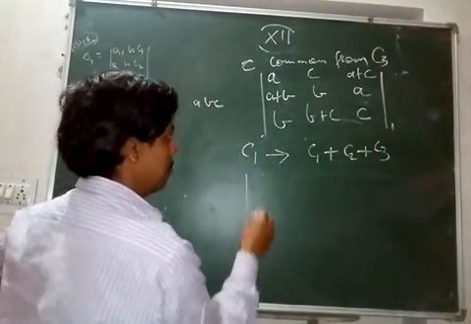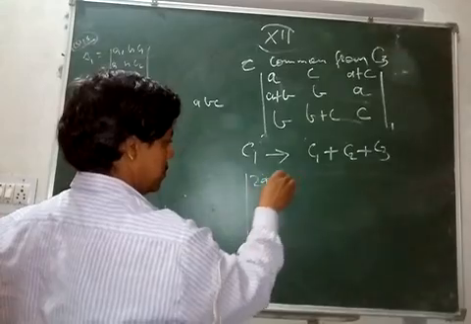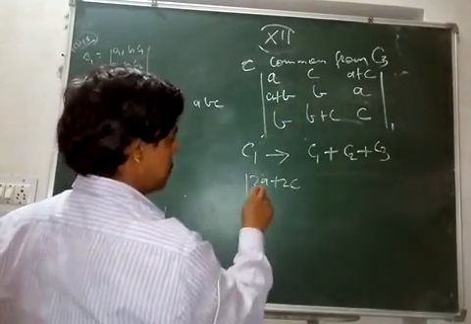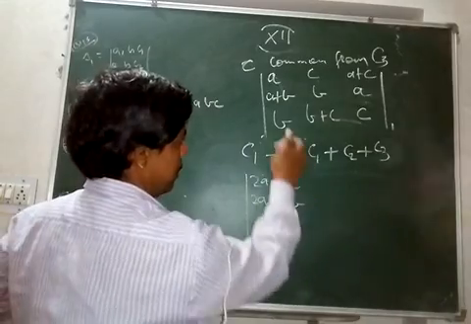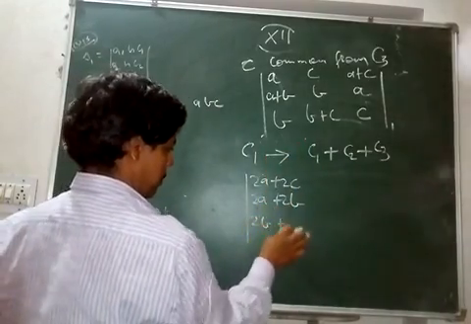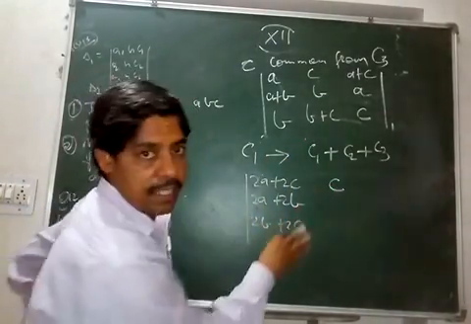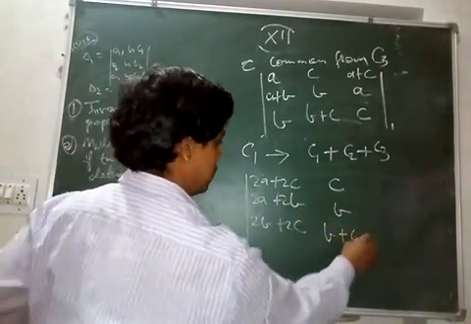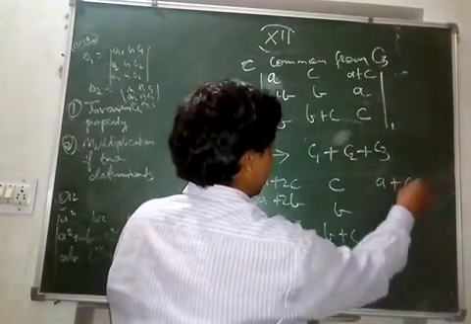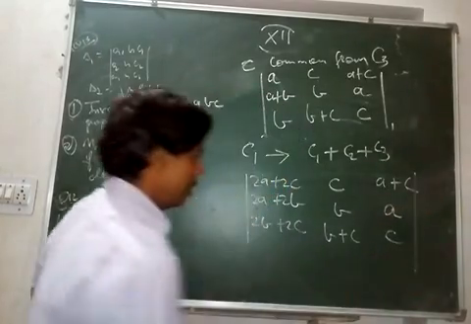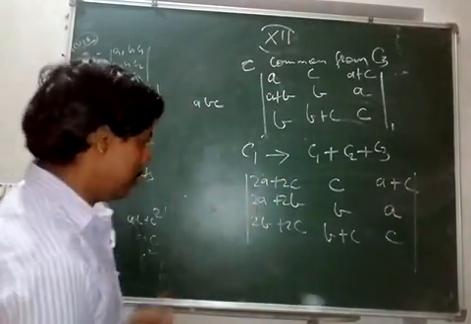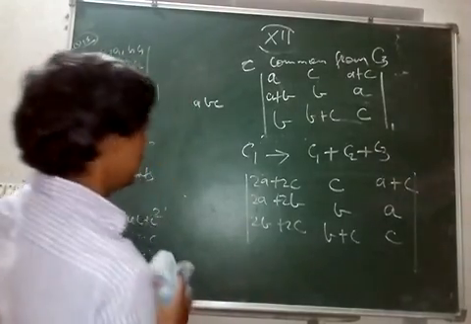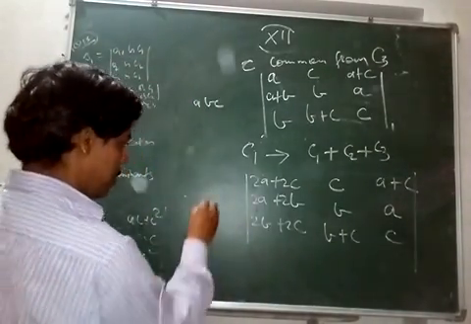What is the change now? You will get 2a plus 2c, here 2a plus 2b, and here 2b plus 2c, and the rest remains the same. Column 2 and column 3 have no change: c, b, b plus c, a plus c, a, c. Now 2 can be taken common from C1.